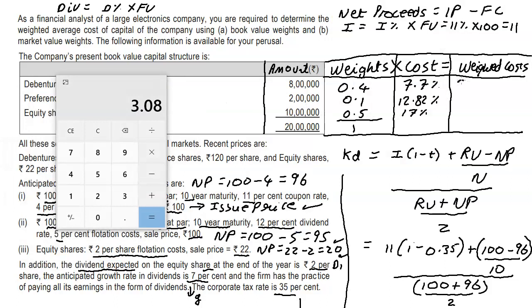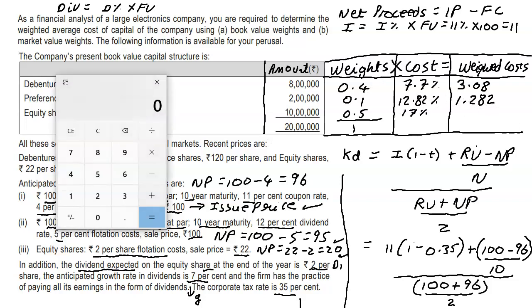So I'm just going to write down 3.08. Now we do it again for 12.82 into 0.1, which gives us 1.282, and I'm going to write it as it is. If it's a non-terminating decimal, which won't happen because you're simply multiplying weight into cost, however many decimals there are, write it down. We will see later.